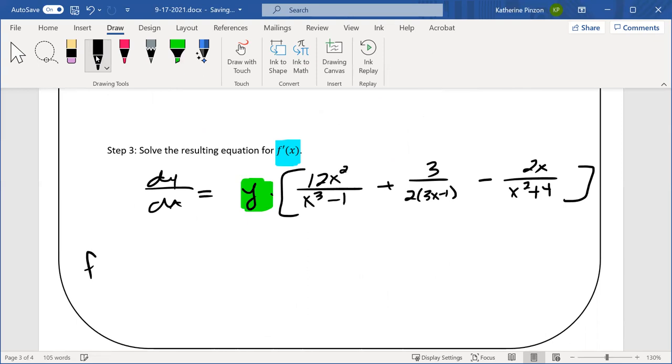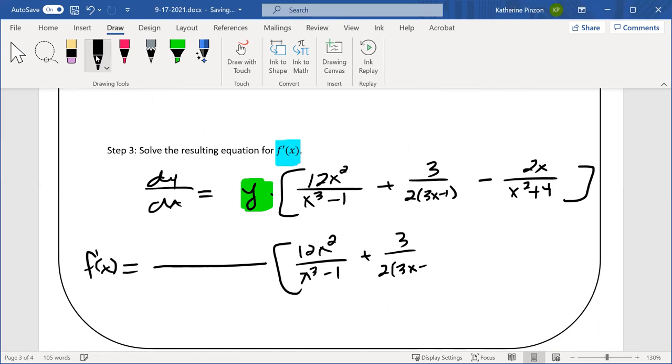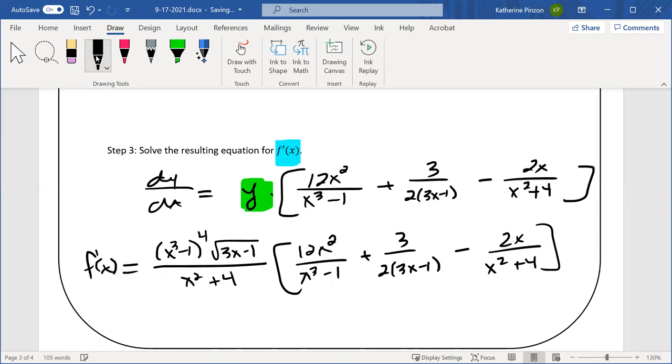So dy dx, or f prime of x, is going to be that whole fraction times this whole derivative. This was x cubed minus 1 to the 4th, square root 3x minus 1, x squared plus 4.